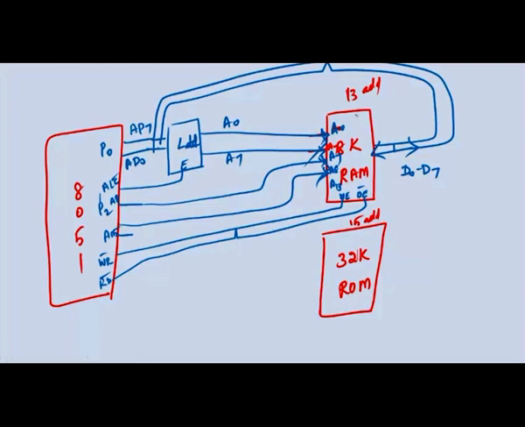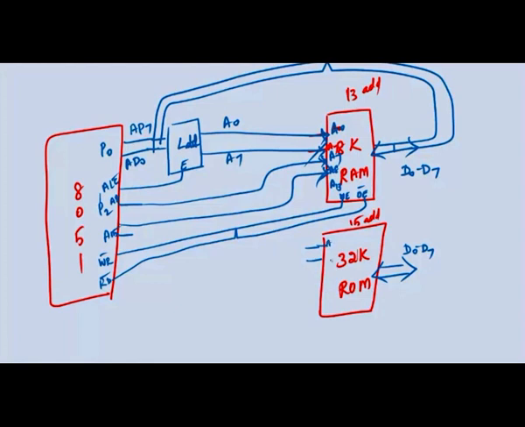So, each memory needs address lines. In the microcontroller the address lines are multiplexed, which is why they pass via the latch and then are connected to the memory. Then the read and write control signals are connected because it is a RAM. The same thing we have to repeat for the ROM. How many address lines are needed for this memory? 15.